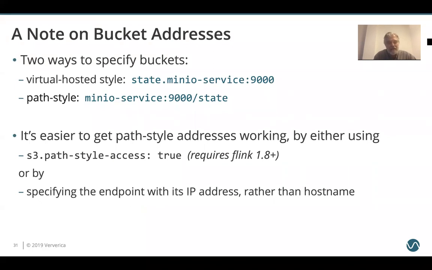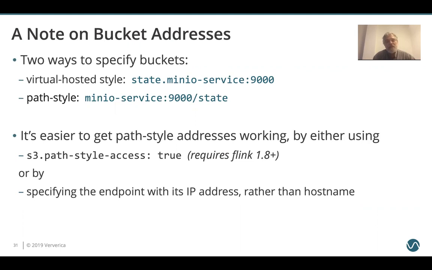Now I've included this because this is stuff I wish I'd done when I started down the road of trying to implement this. There are two ways to specify buckets in S3 file systems. You can do it in virtual hosted style, as you see above, where it says state.minio-service, port 9000. There it's dynamically creating a virtual host name that can be used to address the bucket.